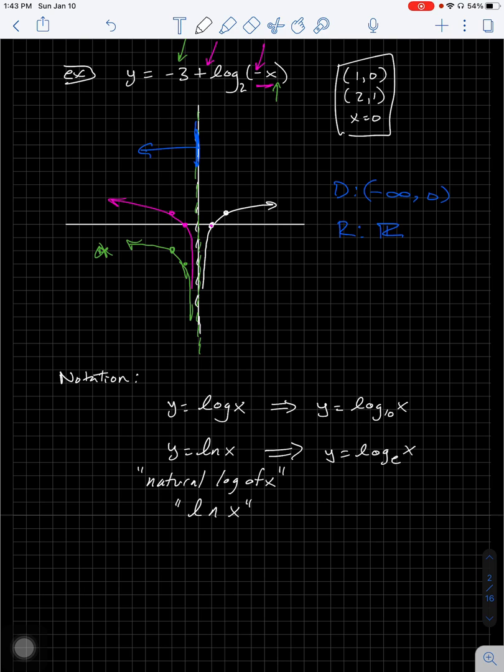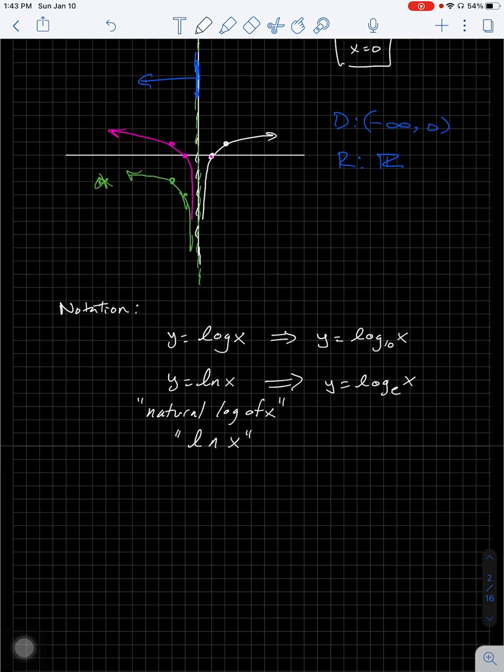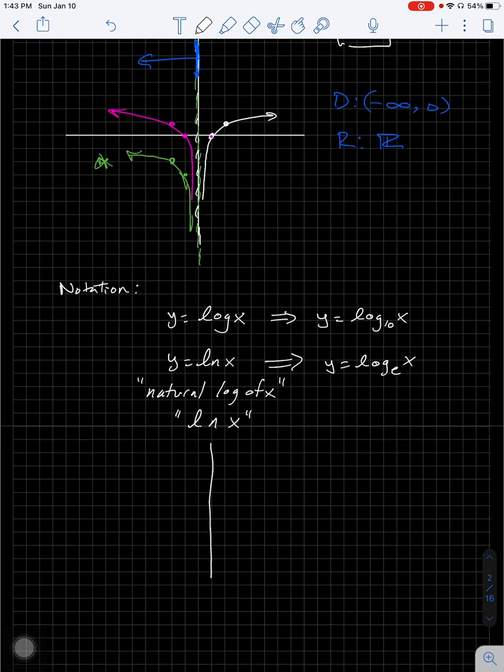This is what it means. So when I ask you to graph the natural log of x, your start values for it are going to be 1, 0, and e, about 2.71. You're going to estimate that. Again, if you want to write it like this, that's what you're graphing. Okay, but everything else is the same. So anytime you see e, you can just think 2.7 and be good.